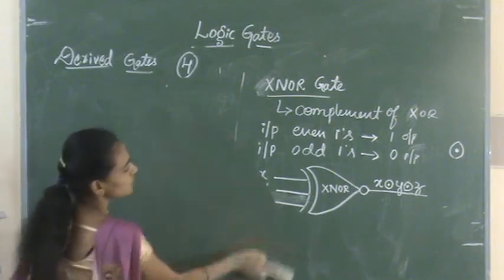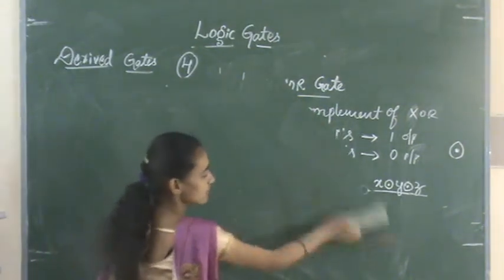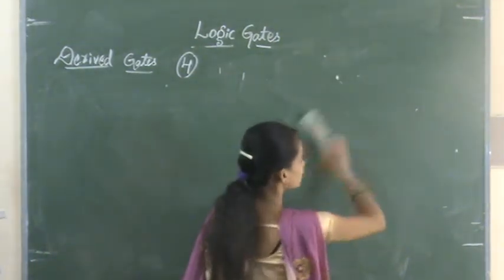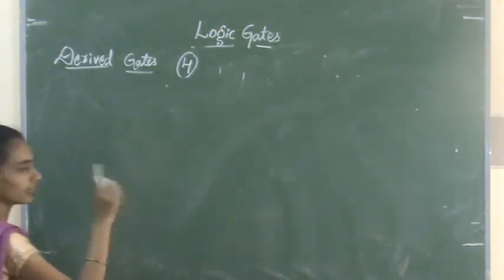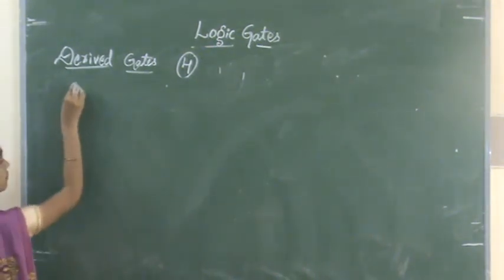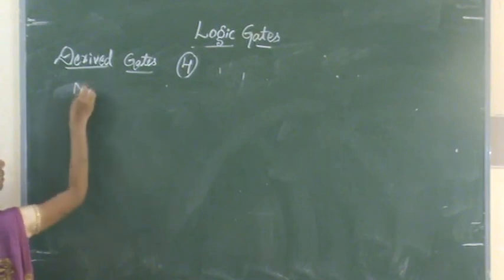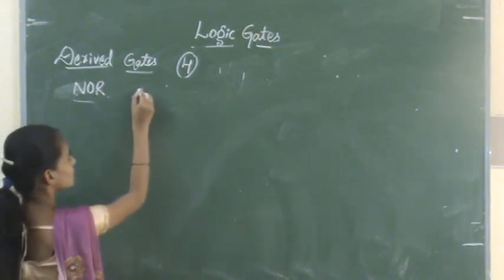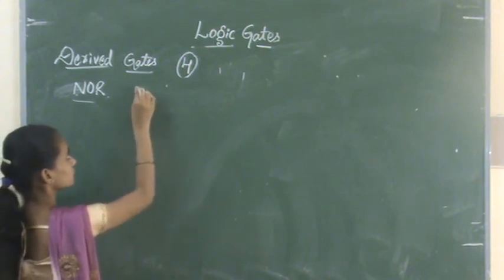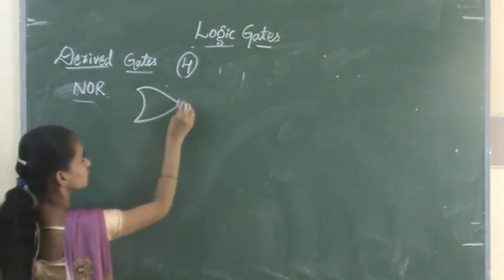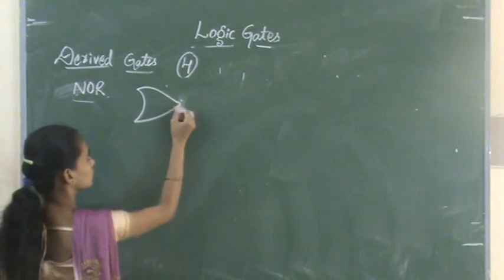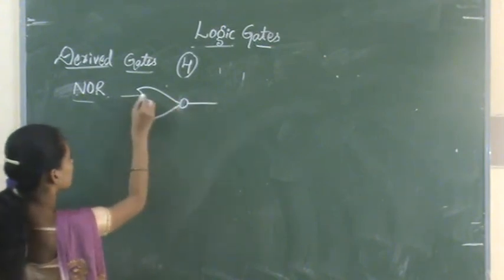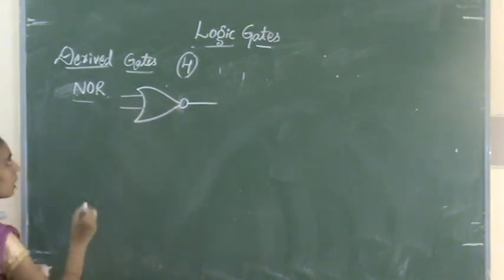So in this class we studied derived gates. We have 4 derived gates. One is NOR, right? This is the symbol used for NOR.